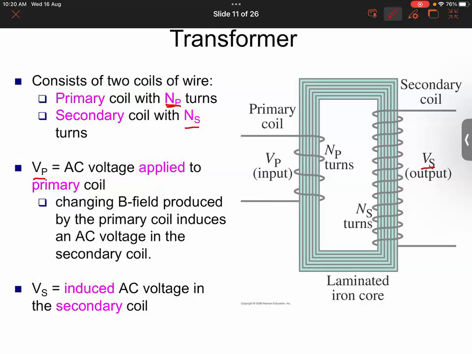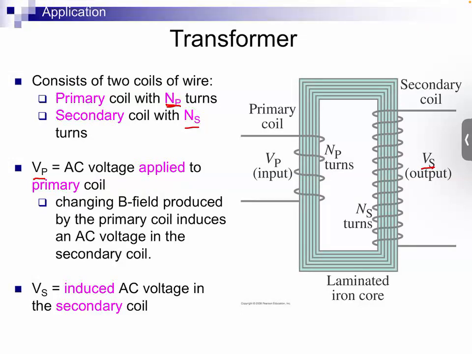We call that VS. So we're just defining some variables here: NP is the number of turns in the primary coil, NS the number of turns in the secondary coil, VP the alternating voltage that you apply in the primary coil. That generates alternating currents in the primary coil, therefore creating alternating voltage in the secondary coil, VS. So we can relate all of this.